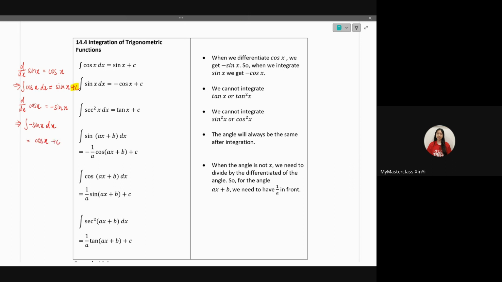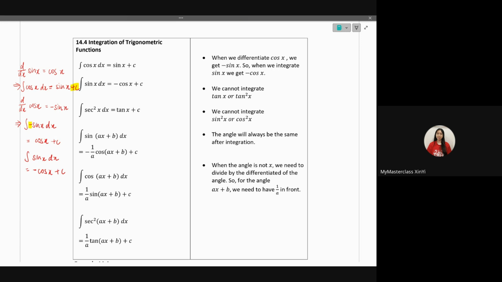But when we integrate sine x, we can take out this negative sign, correct? So when we integrate sine x, I can divide both sides by -1, so I will actually get negative cosine x plus c.